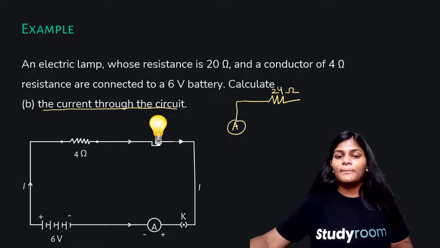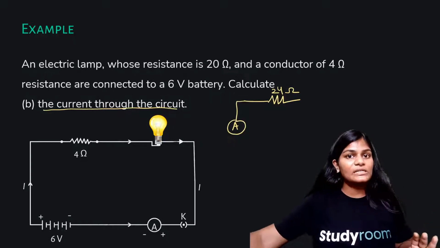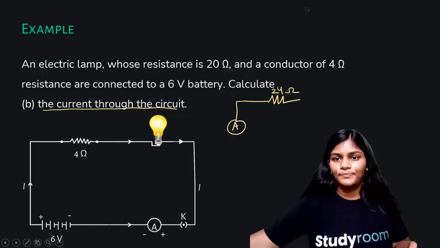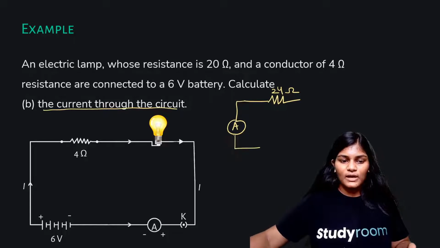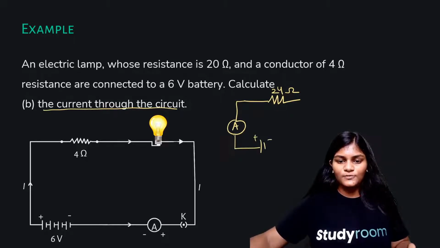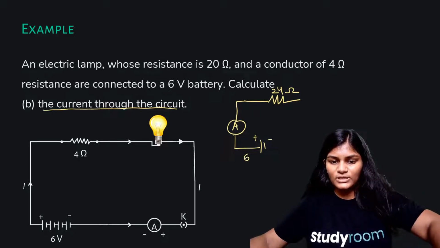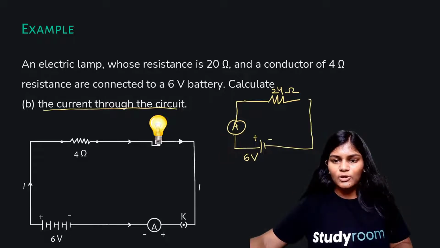Even if I connect the ammeter here, we know in a series circuit the current everywhere is the same, so you can draw the ammeter anywhere. Now here I have my battery, plus minus, a battery of 6 volts. We complete the circuit. You may or may not draw the key, it's optional.